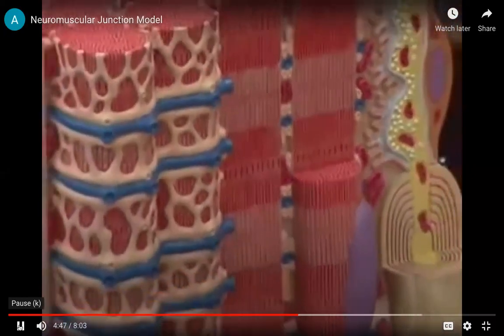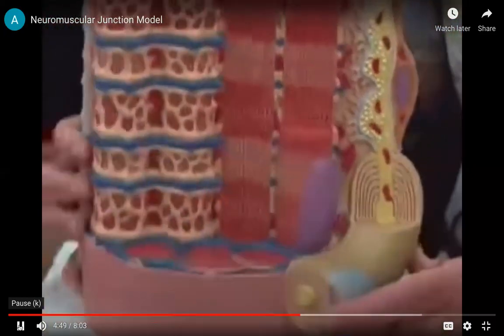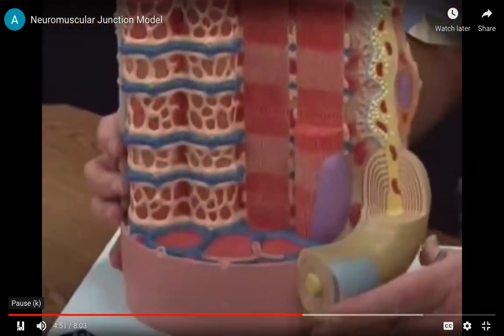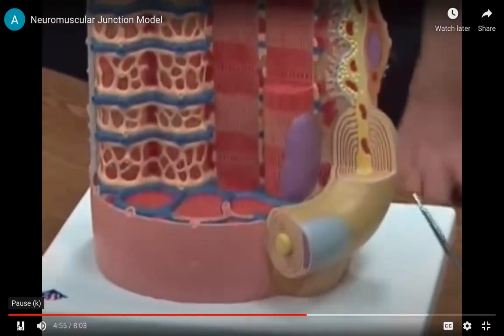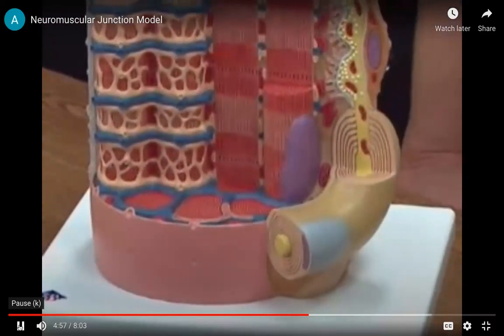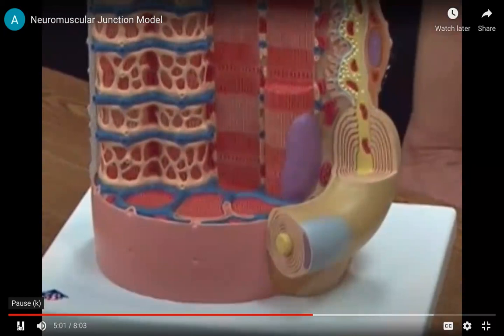Let's take a look at the nerve component. Nerves control muscle contraction. Without the nerves, the muscles will atrophy. So the nerves are necessary. Without nerve supply, muscles atrophy, which means they waste away.